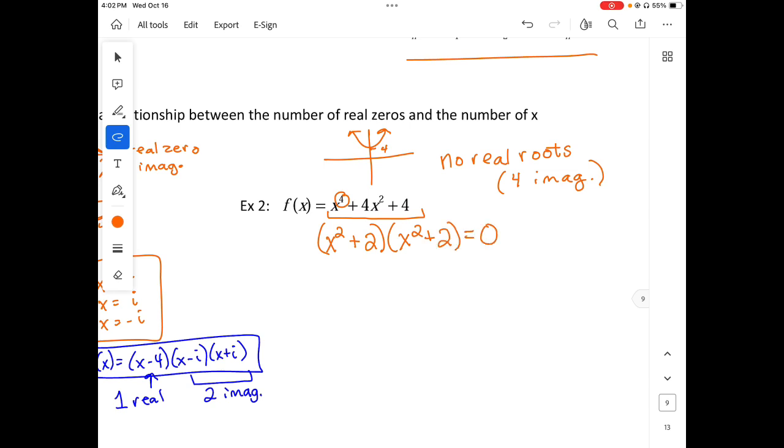And then we're going to solve it. So x squared equals negative 2, take the square root. So x equals plus or minus i square root of 2.